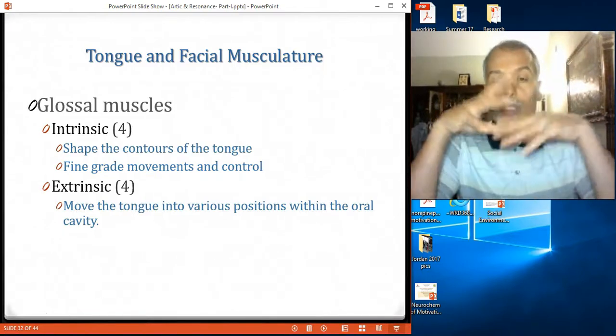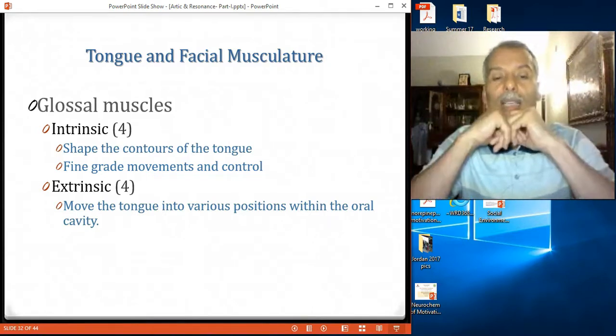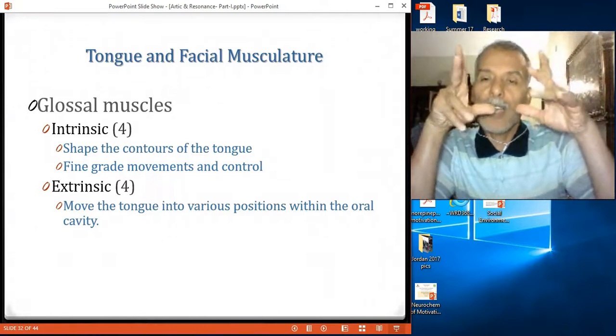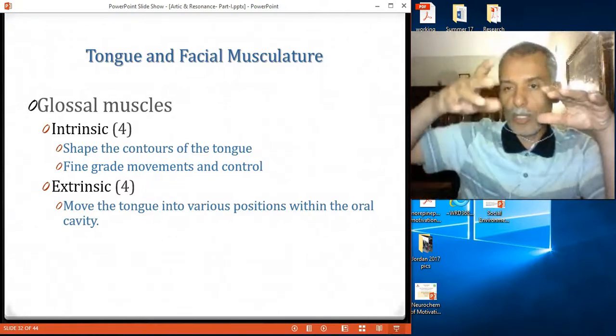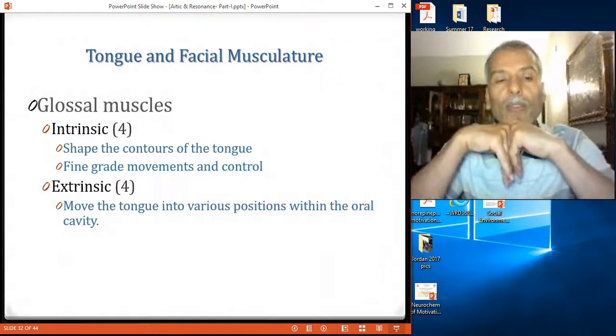So the intrinsic muscles make the bulk of the tongue as we see it, and they are responsible for the fine-tuned movements of the tongue and shaping the contour of the tongue in different ways.